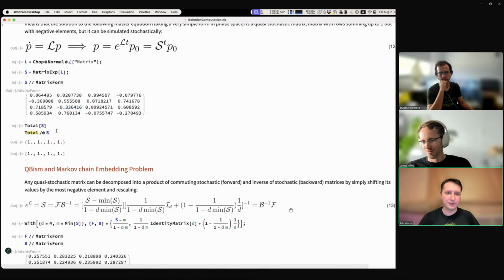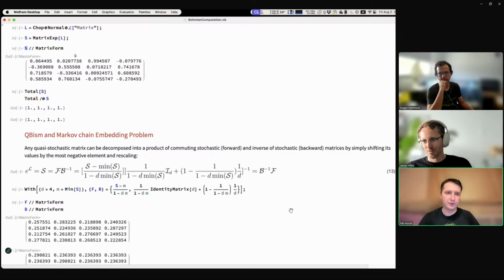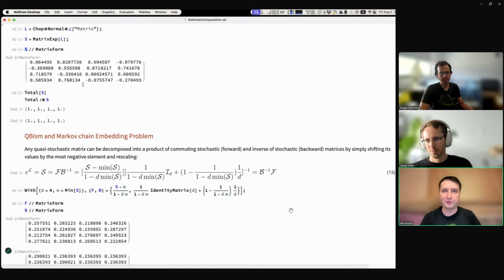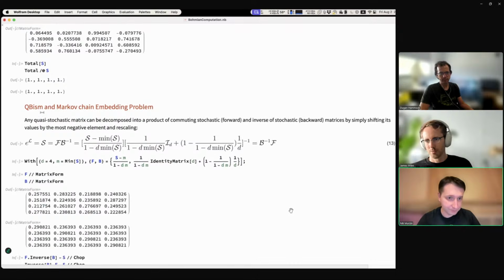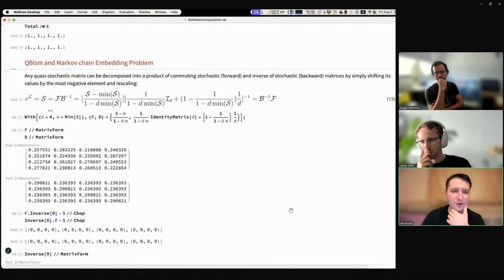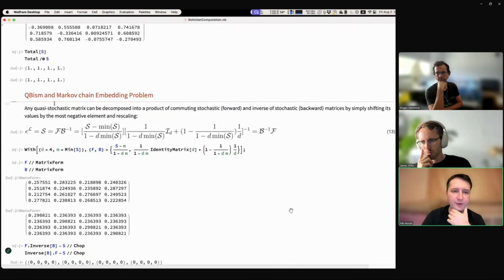But nevertheless, you can still do it, and if you just want to compute the dynamics, you just multiply the matrix by a state and it works. You still get the probability vector from the probability vector, right? But the point is, I was explaining this earlier at some point already, how you can naturally think of those quasi-stochastic matrices as those negative elements having some inference component to them.